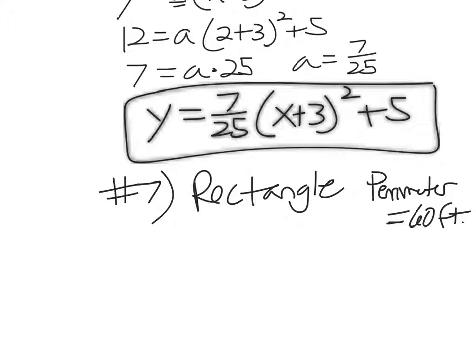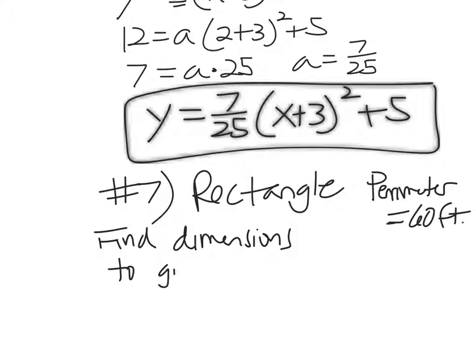Now we want to find the dimensions of this rectangle. There's an infinite amount of rectangles that you can come up with that has a perimeter of 60 feet. We want to find the one and only that gives us the maximum area. Find the dimensions to give the maximum area.